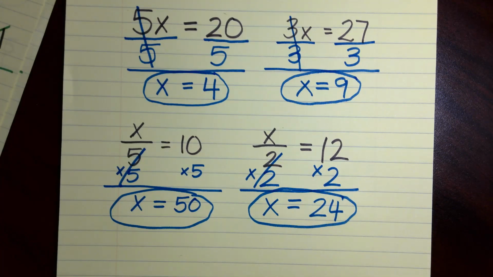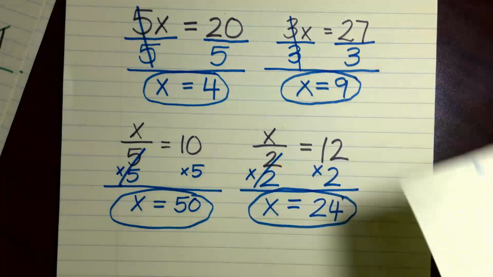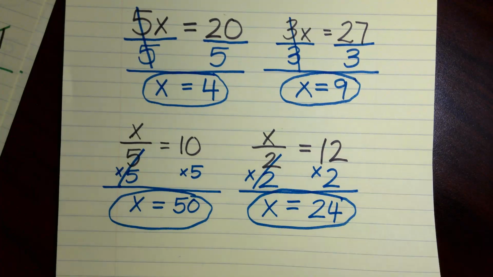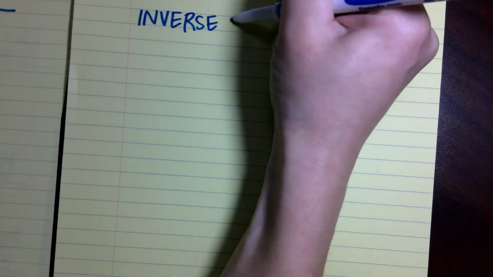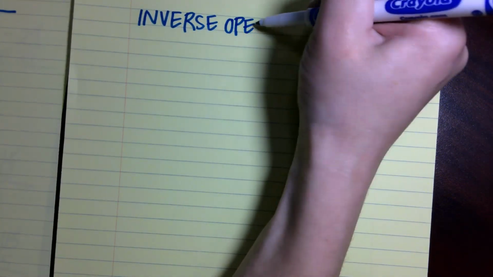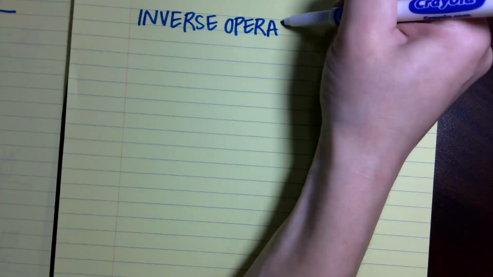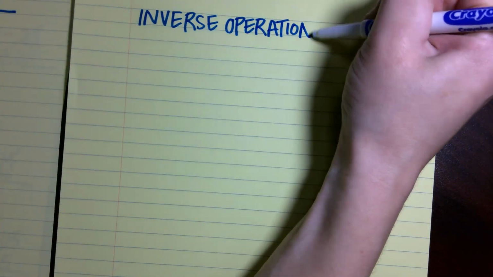Okay, last thing that I want you to put in your notes today is this idea that we learned today and didn't even know it. We learned about something called inverse operations.